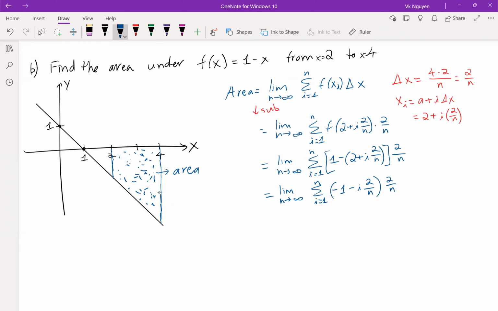Distribute this, and we're going to have limit n goes to infinity, summation i equals 1 to n of negative 2 over n minus 4 over n squared times i. Okay.